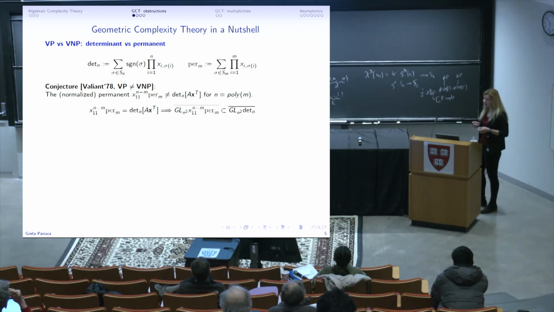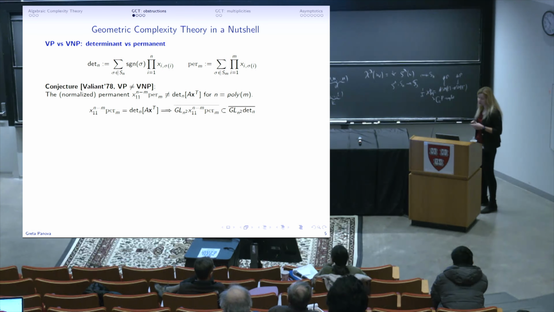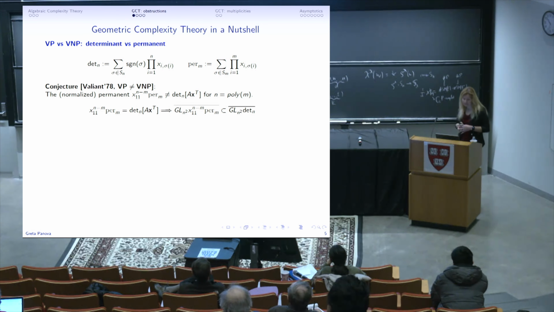If the permanent is actually in here, then it means that if we do the same procedure, taking the same orbit for the permanent, this whole thing is going to be contained in the orbit closure of the other one. So this is how we capture this unknown generic presentation that we don't really understand.